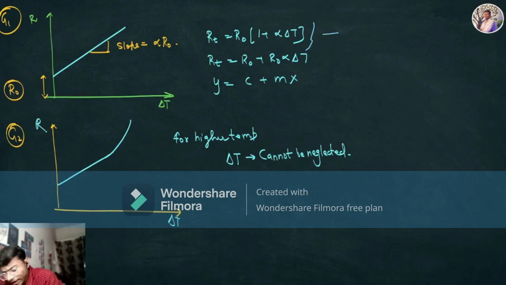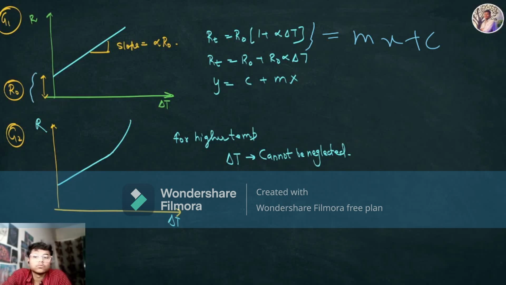It looks like mx plus c, so there is a constant c intercept. This is for lower temperatures. For very high temperatures there is a change in the graph; they are not directly proportional or straight line graphs, so the nature changes also.